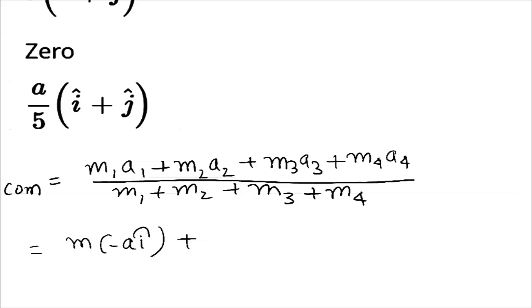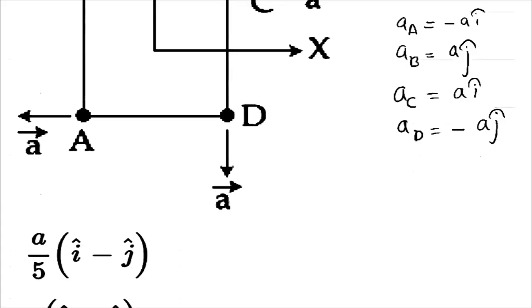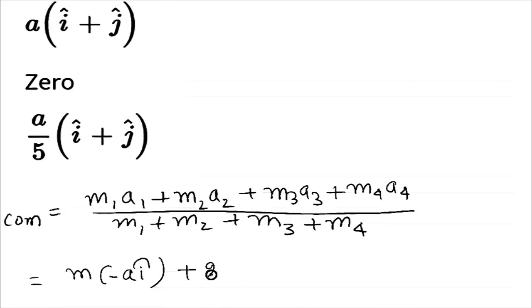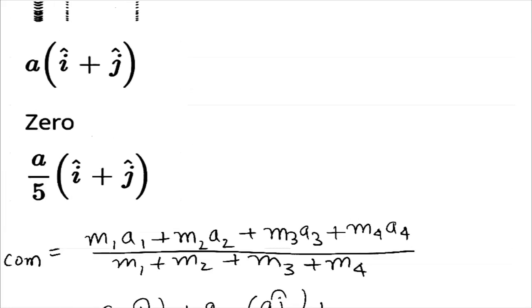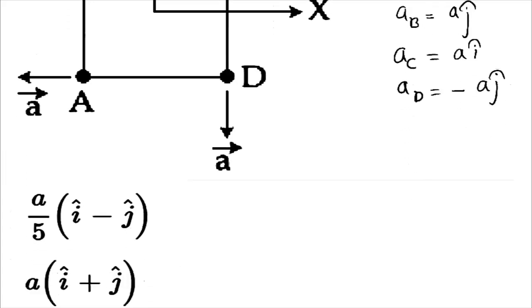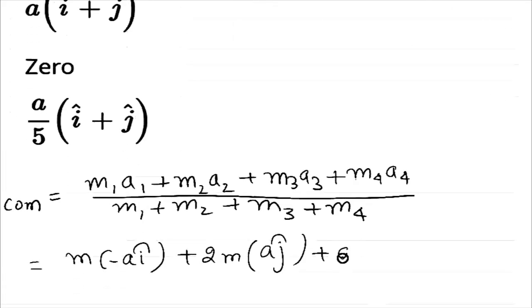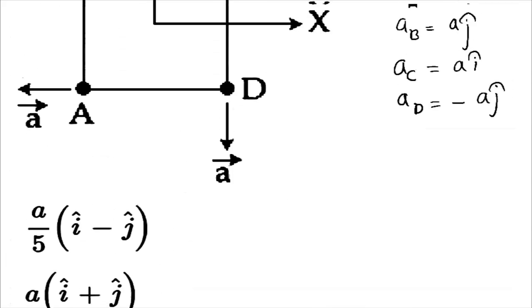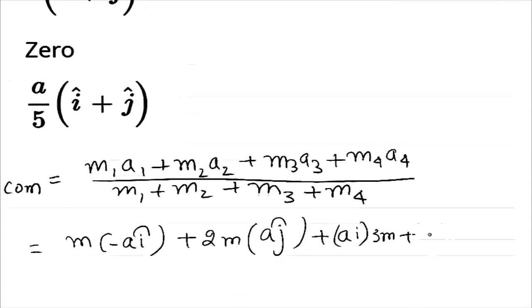Now mass of particle 2, B, is 2m and acceleration is a j cap. Mass of particle 3 is 3m and acceleration is a i cap. And if I talk about the fourth particle, mass is 4m and acceleration is minus a j cap.